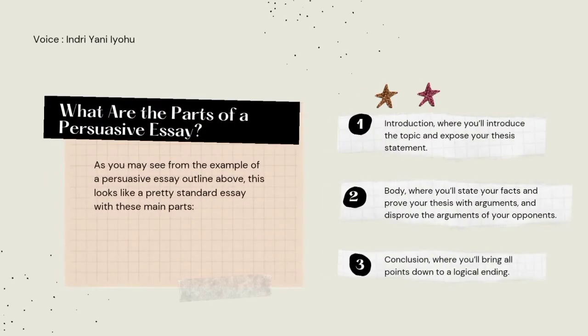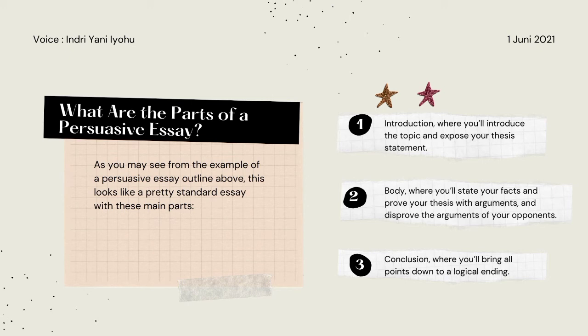What are the parts of a persuasive essay? Okay, as you may see from the example of a persuasive essay outlined above, this looks like a pretty standard essay with three main parts. The first, introduction, where you will introduce the topic and expose your thesis statement.